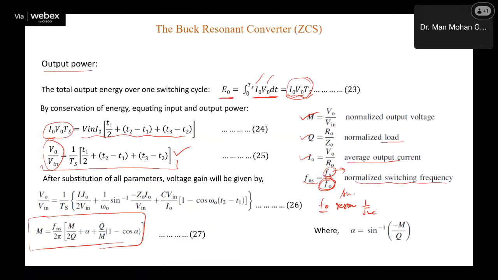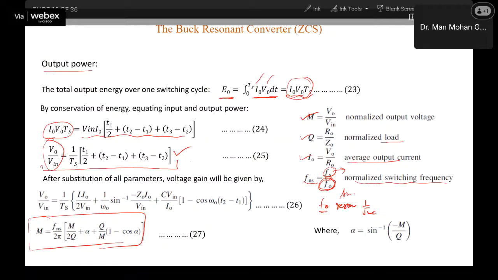Can you put your answer in chat box, please? Let me know in chat box. Resonant frequency should be more, or switching frequency should be more?